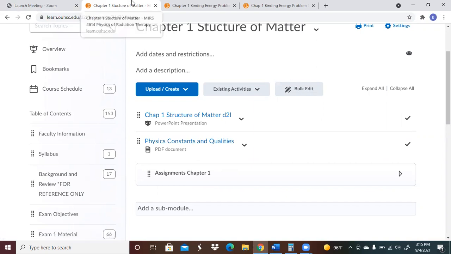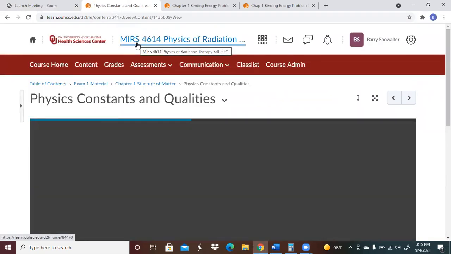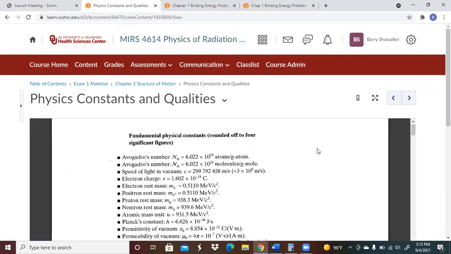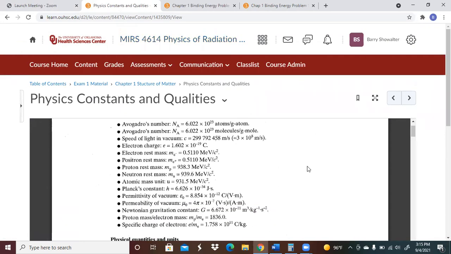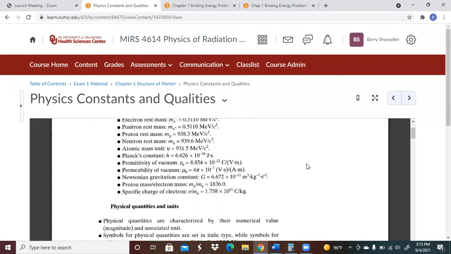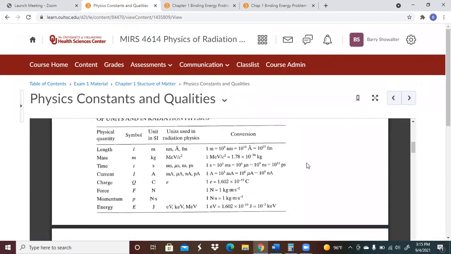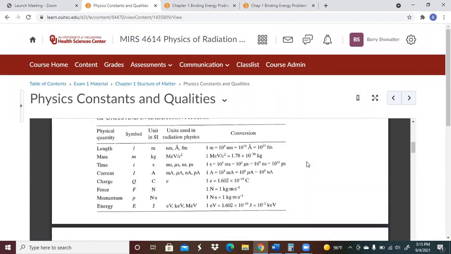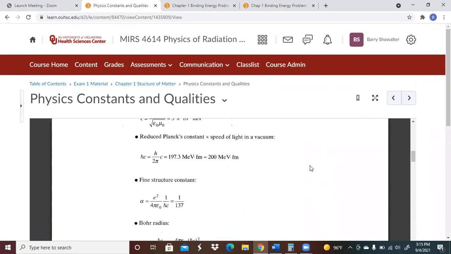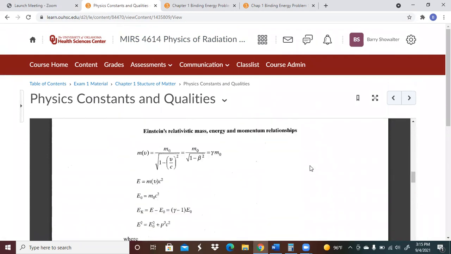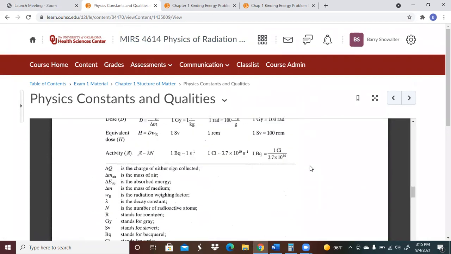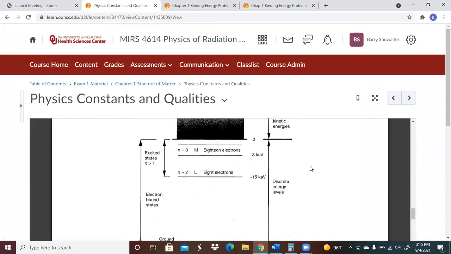If you click on that, it should bring up a number of constants that have been discovered, measured, and so on and so forth. So this will have a number of the constants that we will be using throughout this particular course. A nice little summary for our purposes, at least for this assignment.